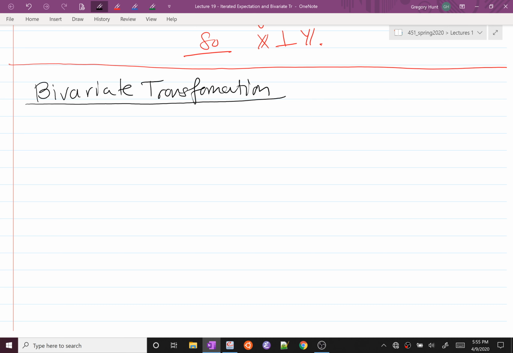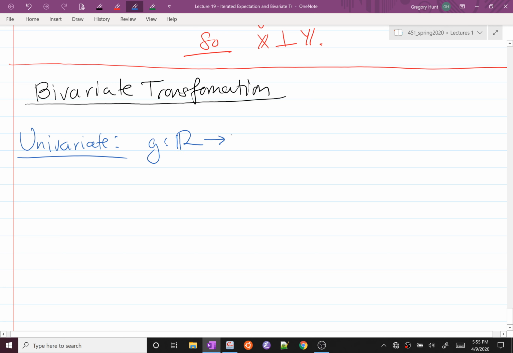And this is really getting to some powerful mathematics that will allow us to prove a lot of nice results. So in the univariate case, we looked at, say, if g was a real valued function, what does g of x look like?